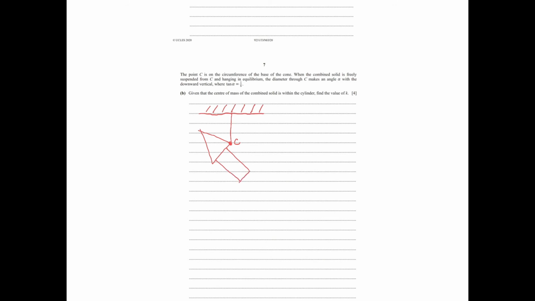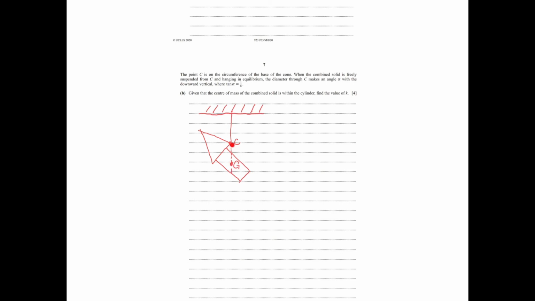Okay, so the solid geometry is in equilibrium, and hence the vertical line will always pass through the center of mass of the whole composite solid. The center of mass that we found in part A, let's name it G. Based on the information given, we have angle alpha, which is counted from the downward vertical.